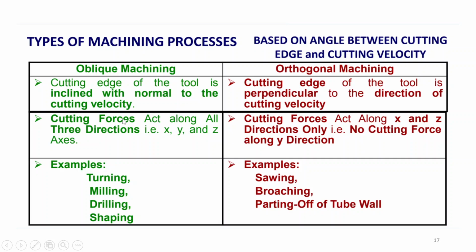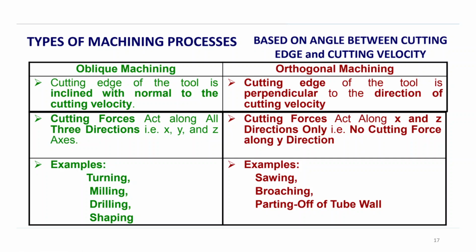In case of oblique machining, the cutting force acts along all the three directions, x, y and z axis. In case of orthogonal, the cutting forces act along x and z directions only. So here no cutting force will be there along y direction. Examples of oblique machining are turning, milling, drilling and shaping.